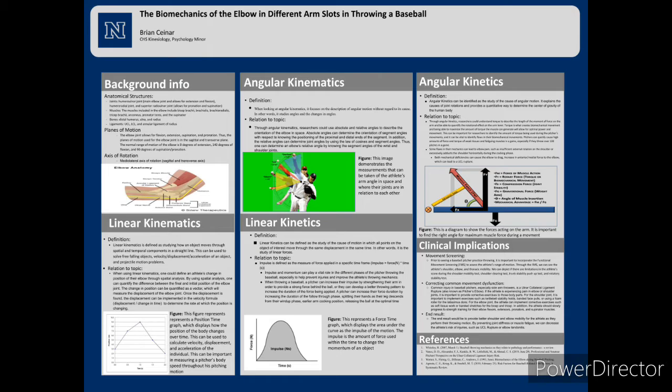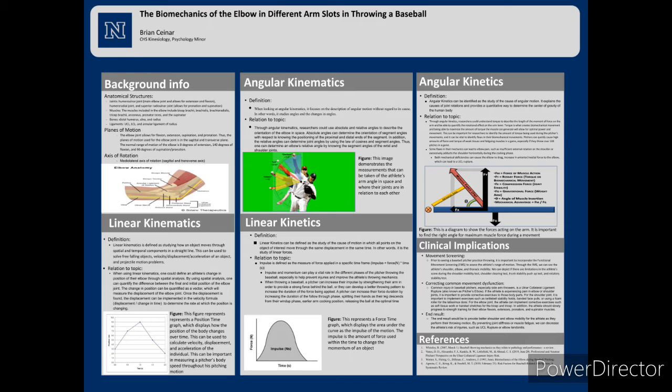Angular kinematics focuses on the description of angular motion without regard to its cause, and mainly focuses on angles and the change of angles. Through this, we could use absolute and relative angles to describe the orientation of the elbow in space.